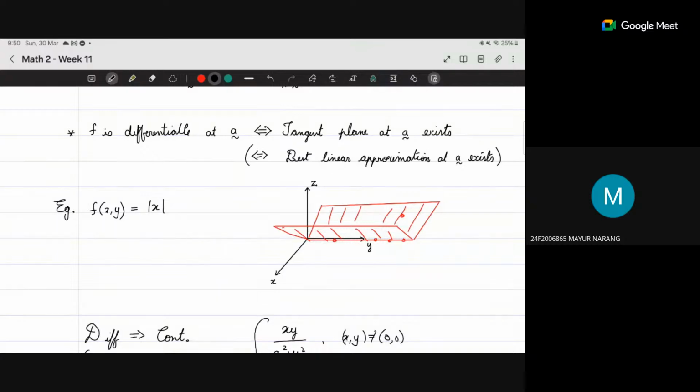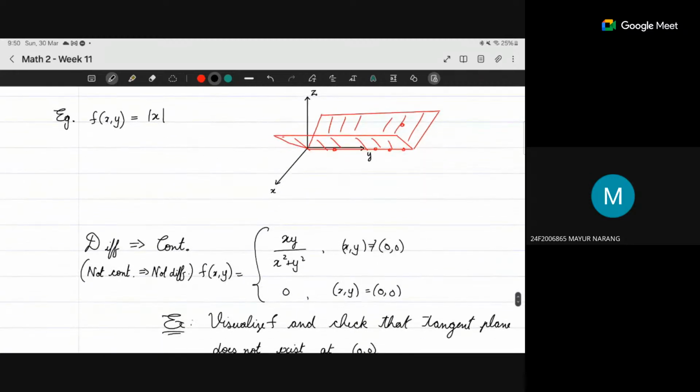So this is the equivalent formulation. You talk about differentiability at a point. At that point, if you can verify that the tangent plane does not exist by quickly drawing up a diagram, or if you can prove in some way that continuity fails at that point, these are two ways to establish that it is not differentiable.